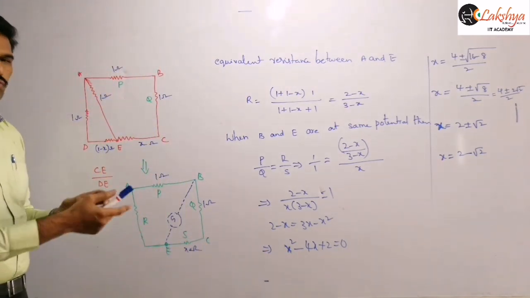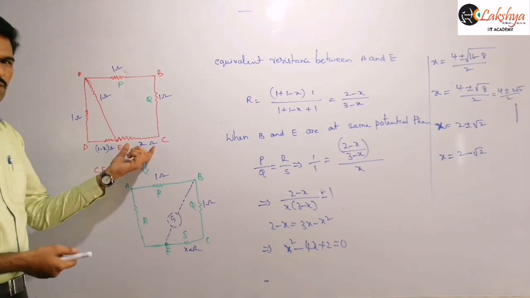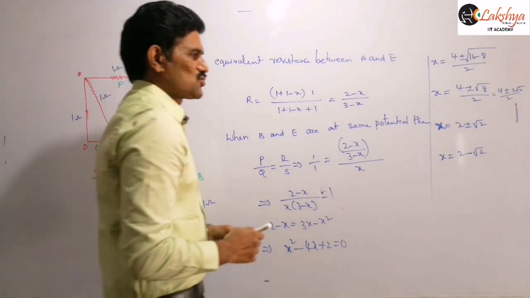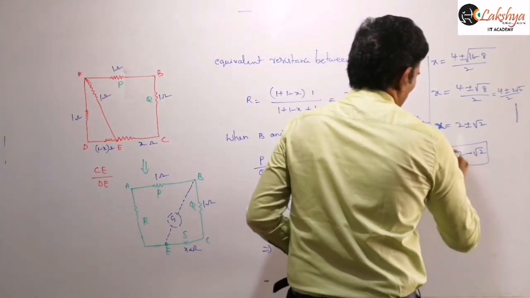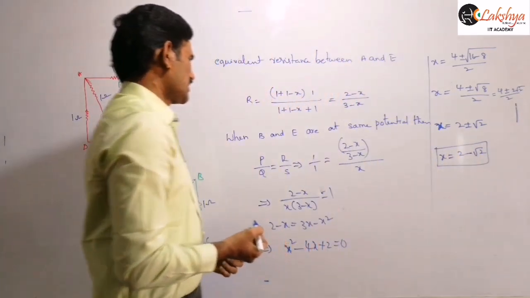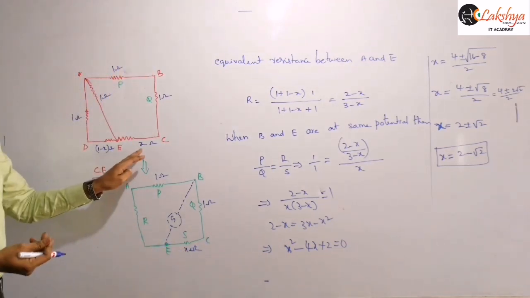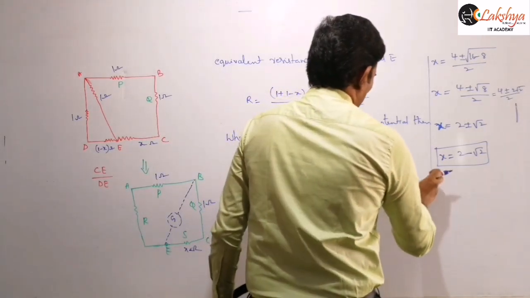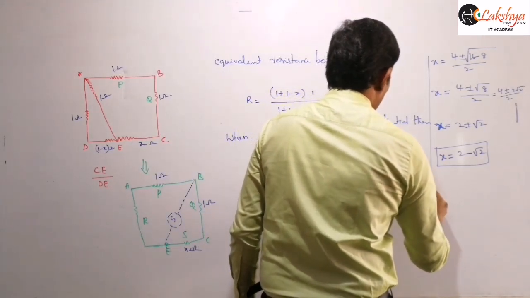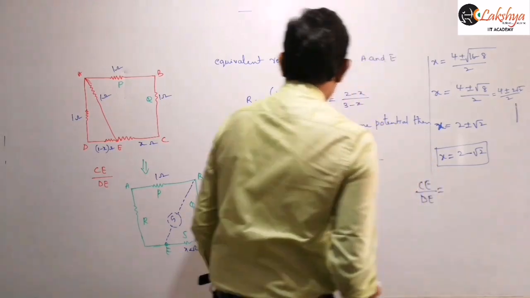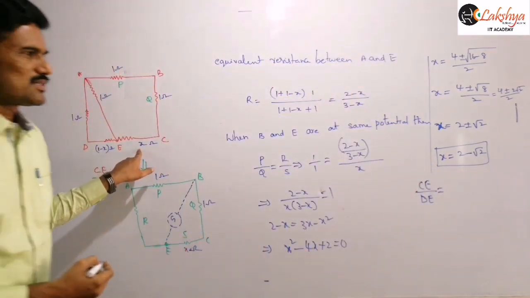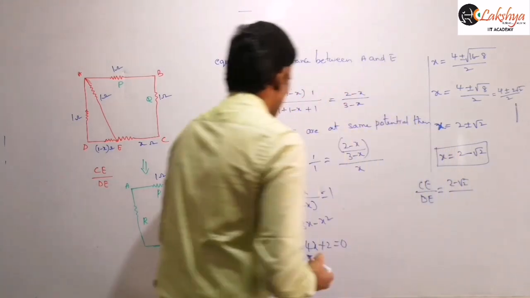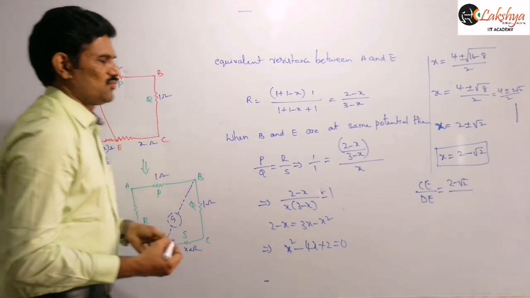And now we need to find this ratio here. That ratio is like CE by DE value we need to find. That is our required ratio. And so now it can be written as CE by DE is equal to 2 minus root 2 divided by 1 minus X value we need to write.